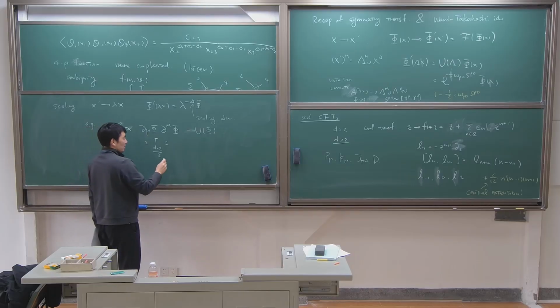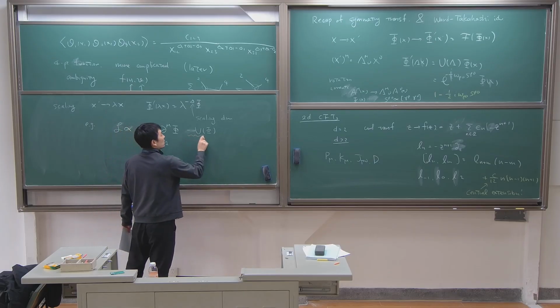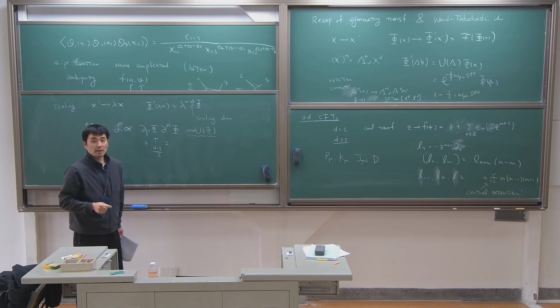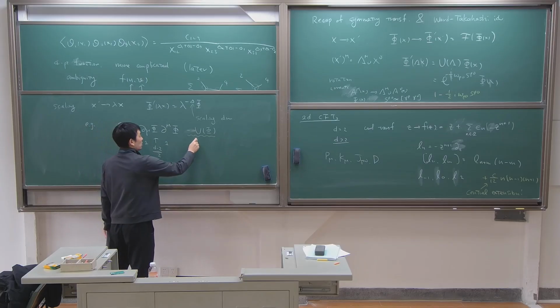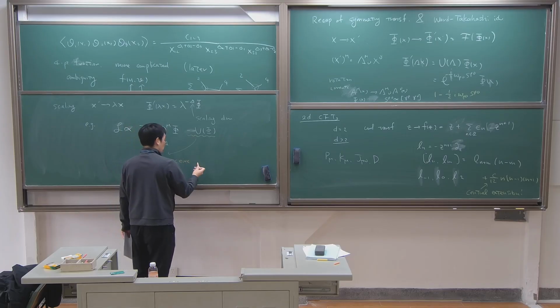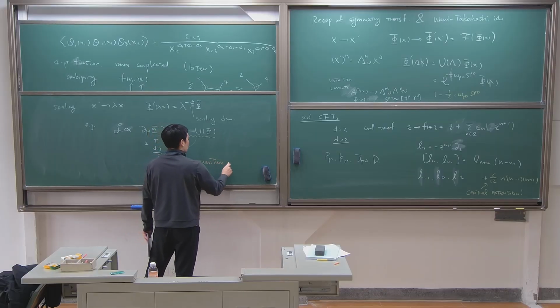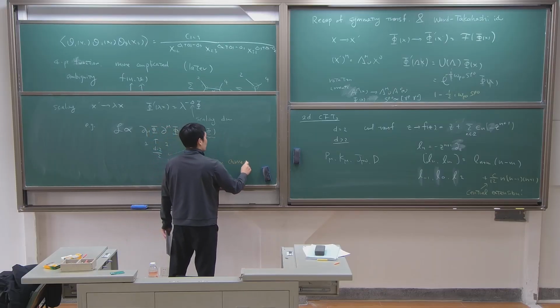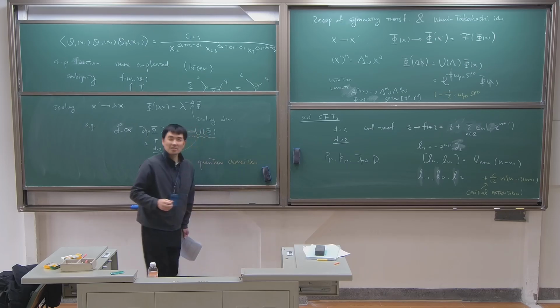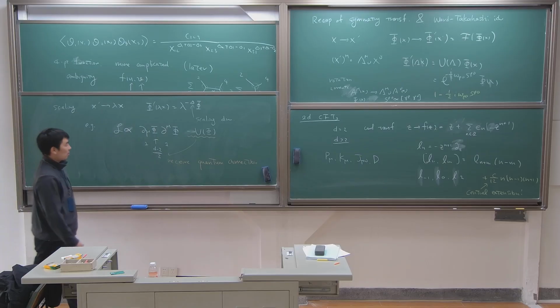If you add an interaction term or a potential, whatever you call it, this will also receive quantum corrections. So that's called the anomalous dimension.